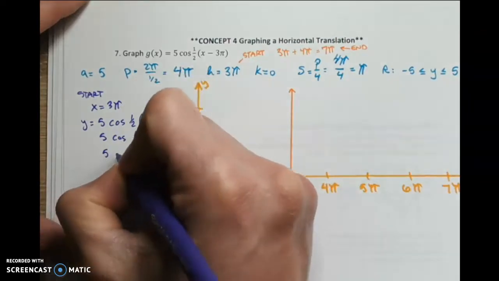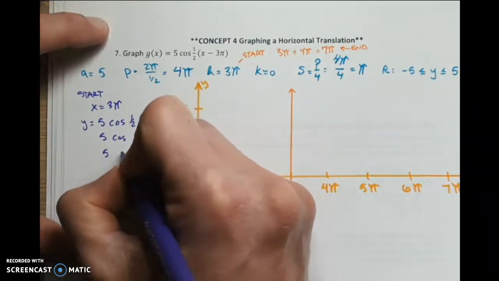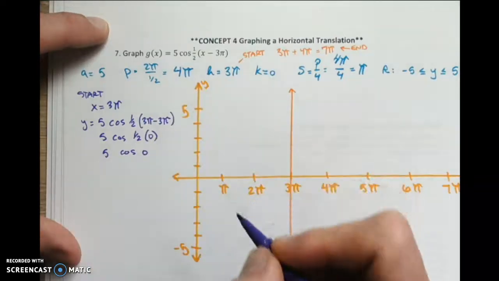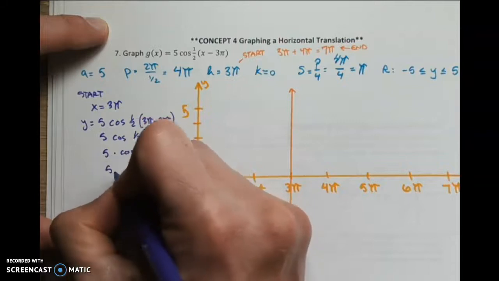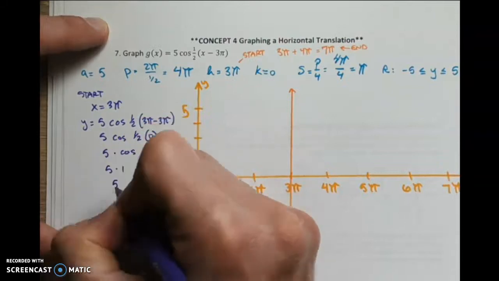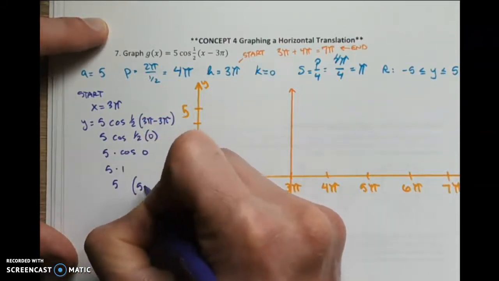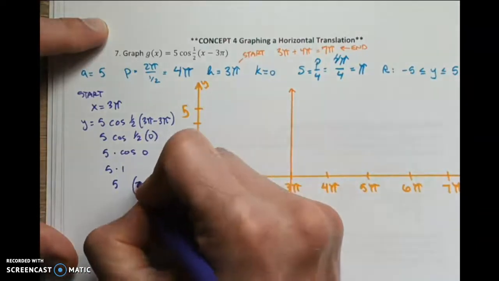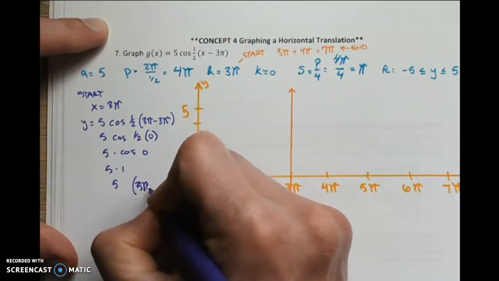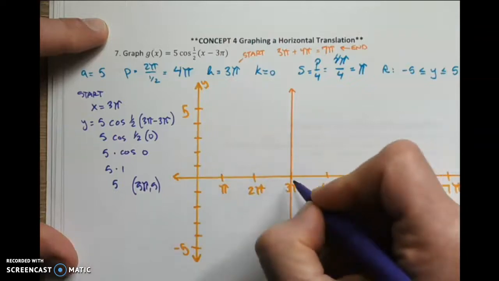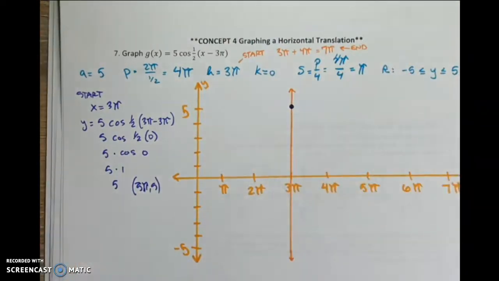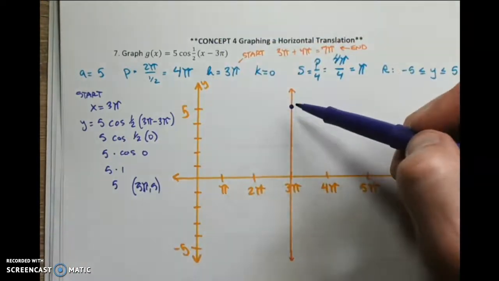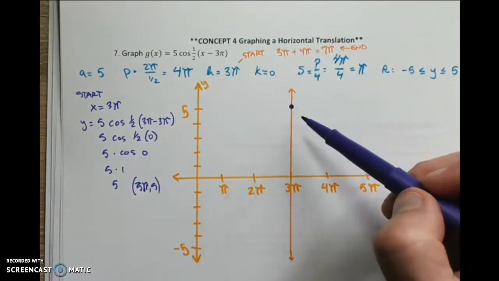That's 5 cosine 0. What's cosine of 0? Well, it's 1 if you look at the unit circle. And that's 5, right? So my ordered pair is, I'm sorry, (3 pi, 5). That's where I'm starting. And I knew that because with cosine I'm always starting on the top or bottom, positive on top.